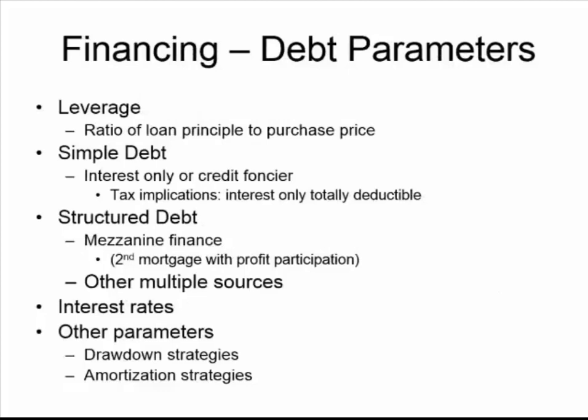Because we're looking from the investor's perspective, we have to consider the debt parameters, the financing parameters. We're looking at a fairly simple financing arrangement consisting of a single loan. In particular, we're considering not the typical mortgage that the average mum and dad get themselves into when they buy a house.